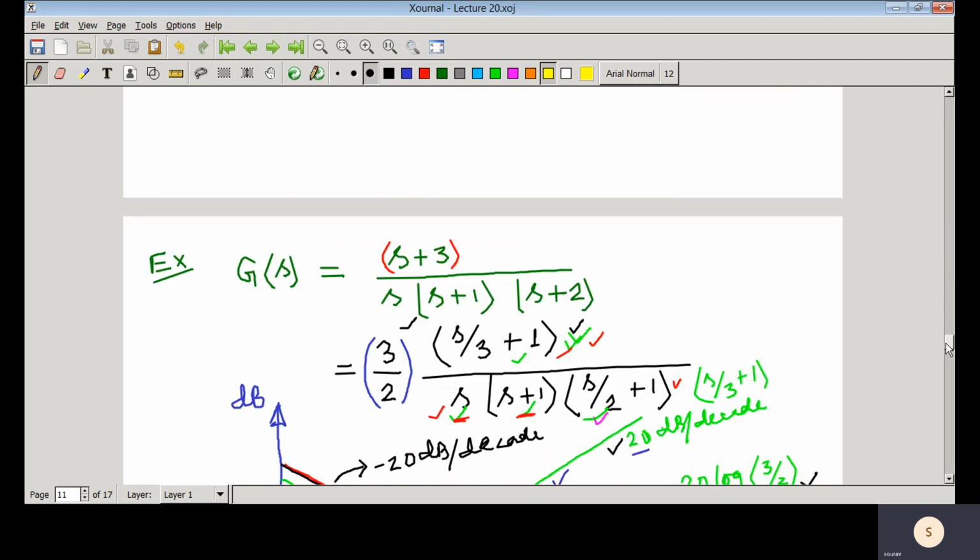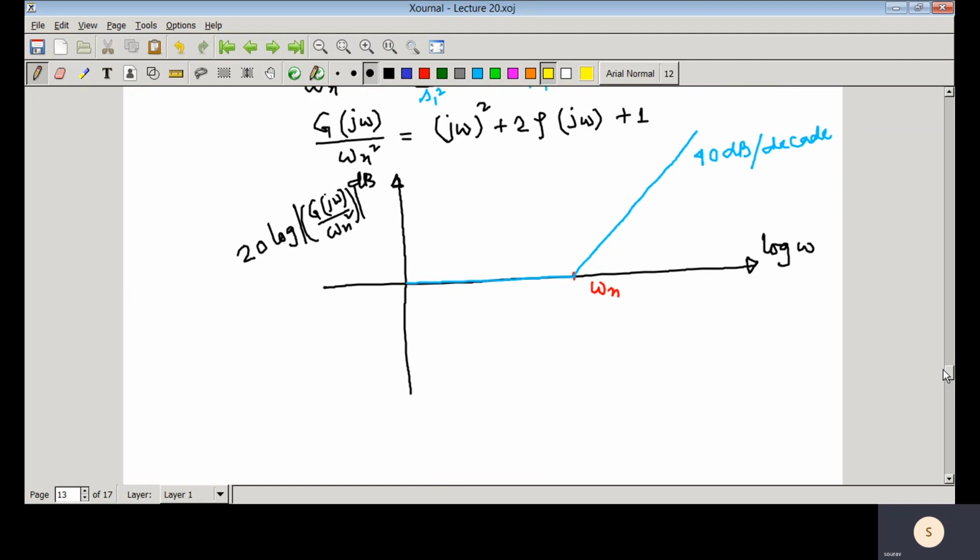And if we vary zeta, say when zeta is very small, the important thing here is omega by omega n. That is the scaling: in the x-axis it is represented by omega by omega n, and that is in log scale.